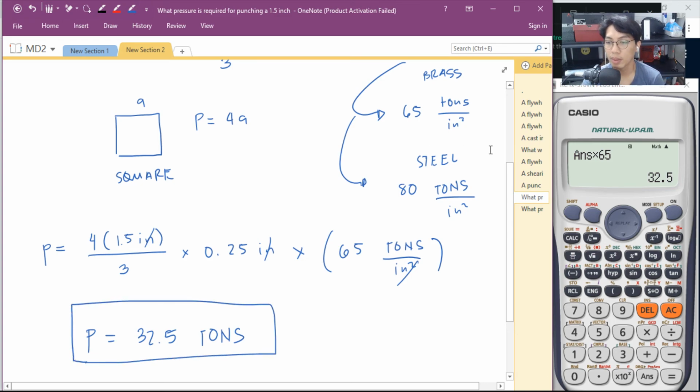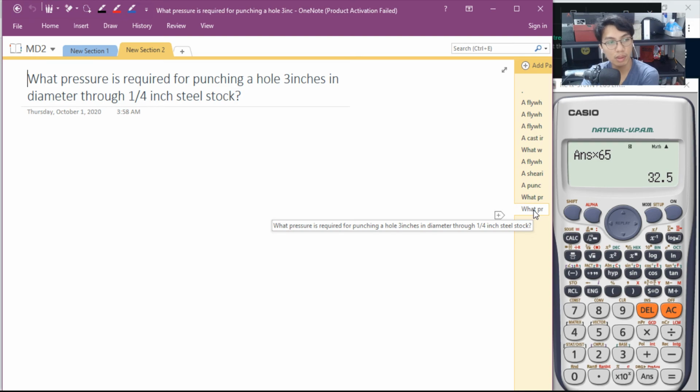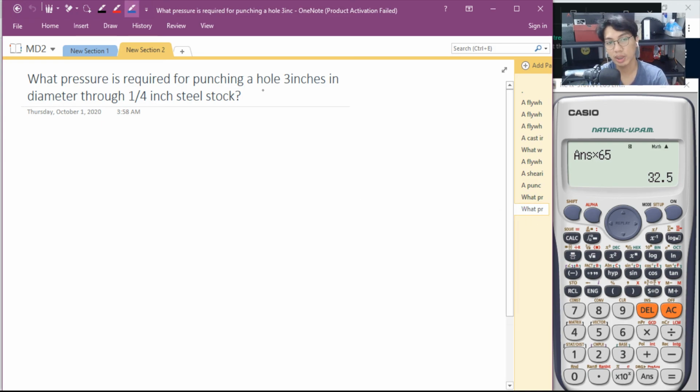Okay? How about this one? What is the pressure required for punching a hole 3 inches in diameter through a, so ito, circular hole na to, ha? Circular. Di ba, binigyan ko kayo ng power. Pressure is equal to diameter of the hole multiplied to the thickness of the plate.